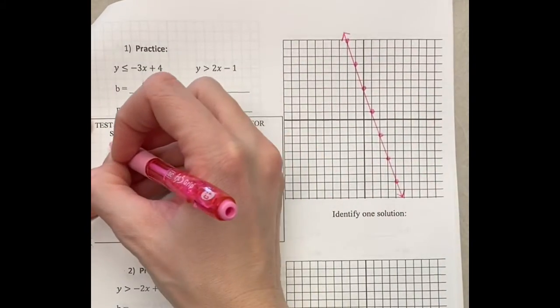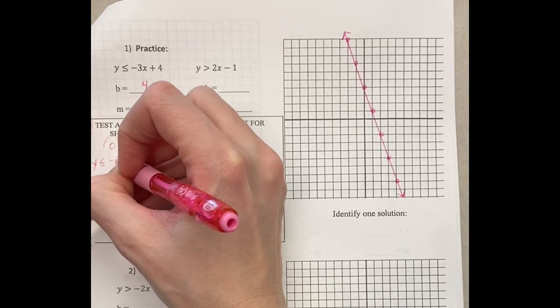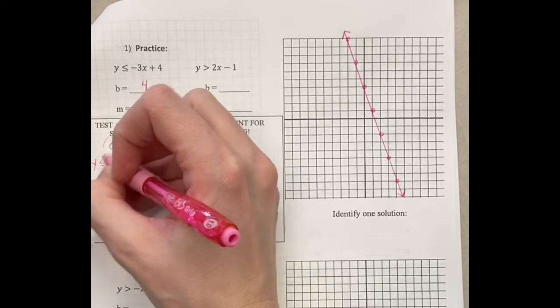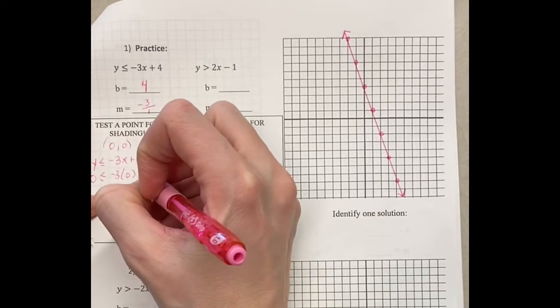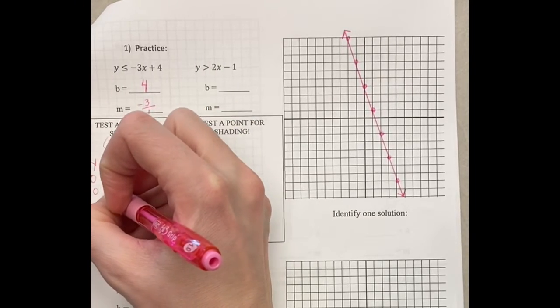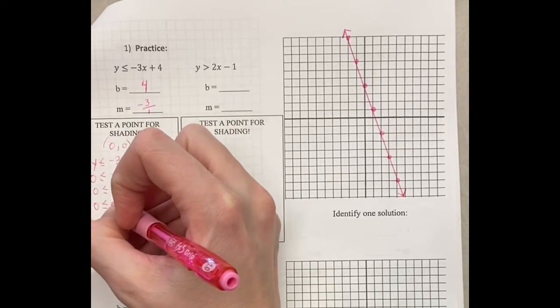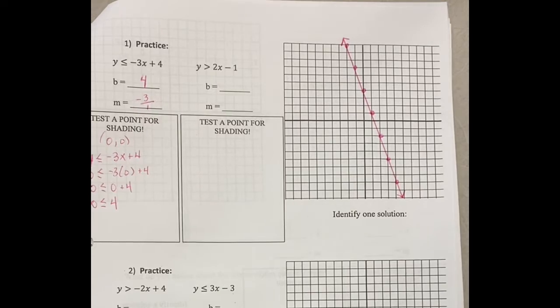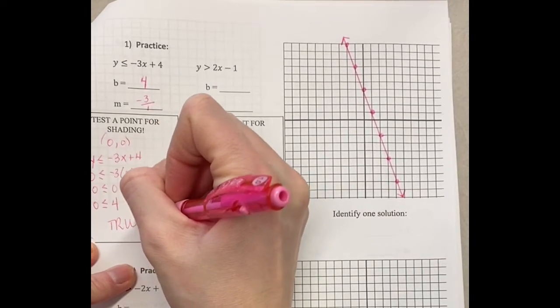Then we're going to test the point (0, 0). So y is less than or equal to negative 3x plus 4. This becomes 0 is less than or equal to negative 3 times 0 plus 4. 0 is less than or equal to 0 plus 4. And we end up with 0 is less than or equal to 4. Is 0 less than or equal to 4? Yes, so this is a true statement.